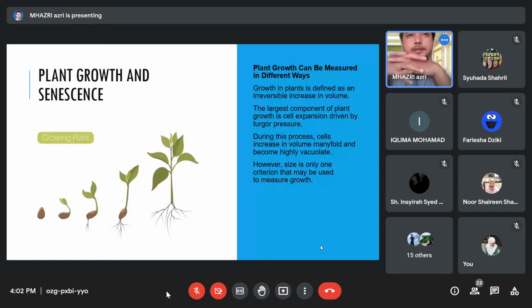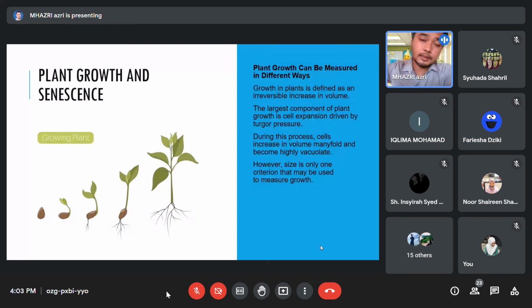Okay, for example, the volume and size are also affected by the turgor, the turgor pressure of the plants. For example, if you measure herbaceous plants in the morning, for example its height, when its turgor is very high, kita nampak tinggi dia meningkat.